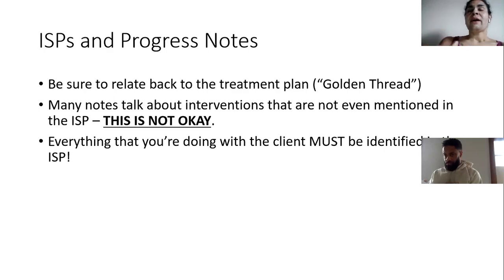So when I'm reading through progress notes, I am making sure that if a note is saying that a client is being linked with a community resource, for example, there is some kind of intervention in their treatment plan for linking to community resources. So everything that you're doing with the client needs to be in the treatment plan. If it's not there, you can't do it.